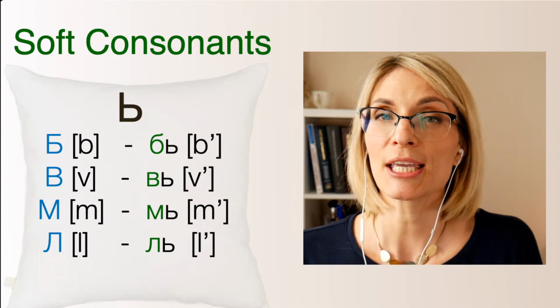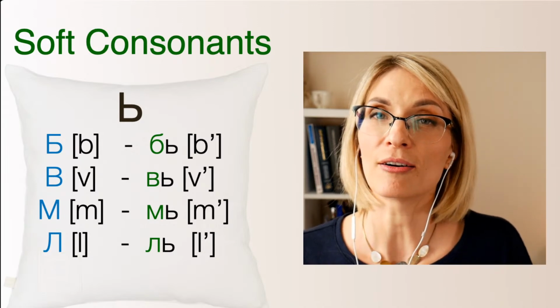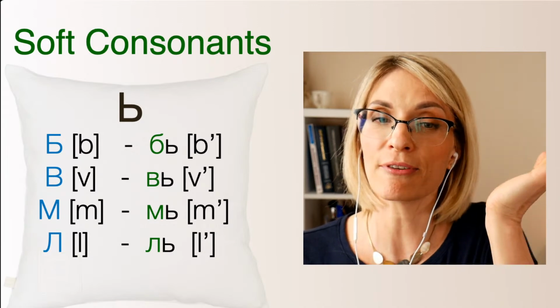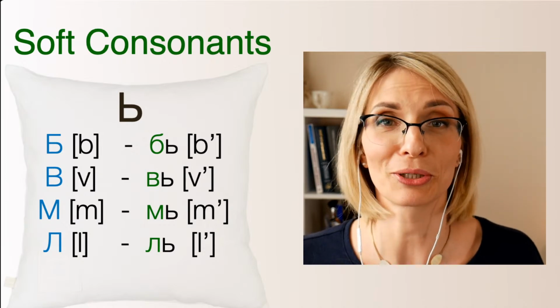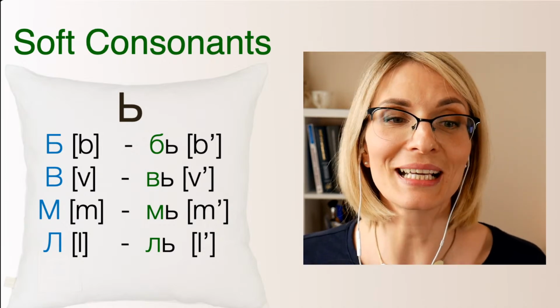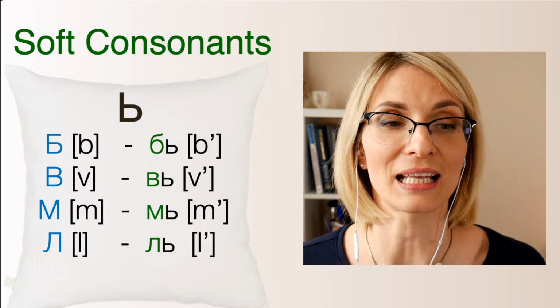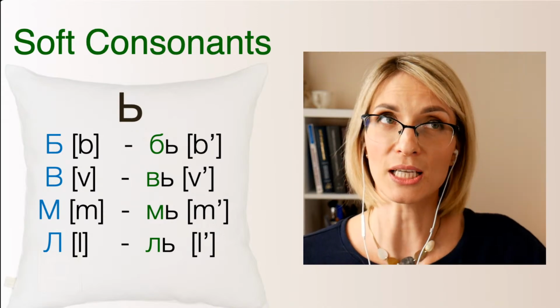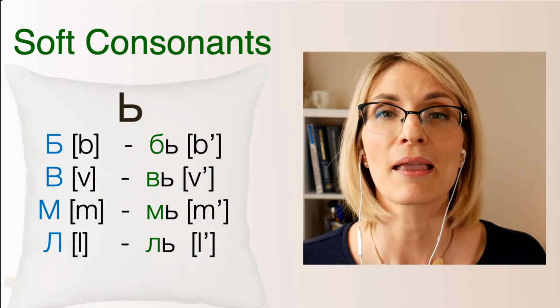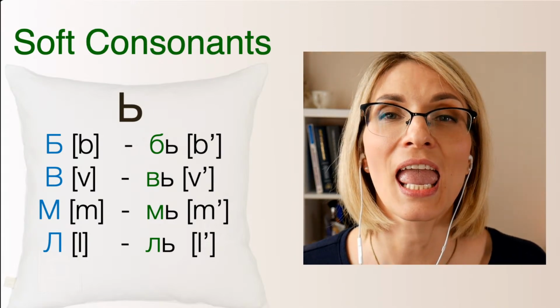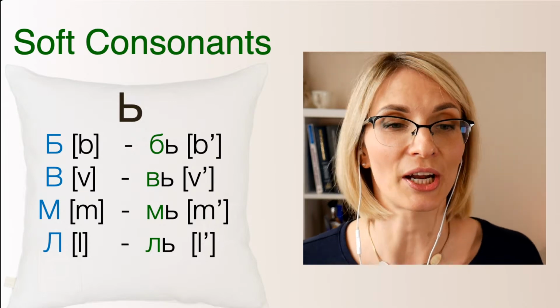V, V, V, V. If I could show you inside of my mouth, you would see how my tongue goes like that. M, my tongue is laying down. Mi. So my tongue is much higher.